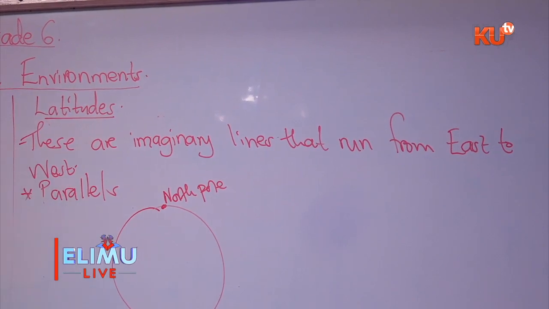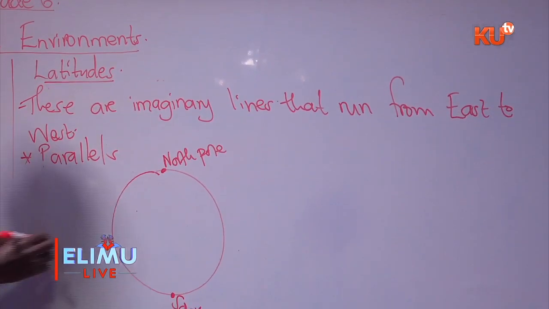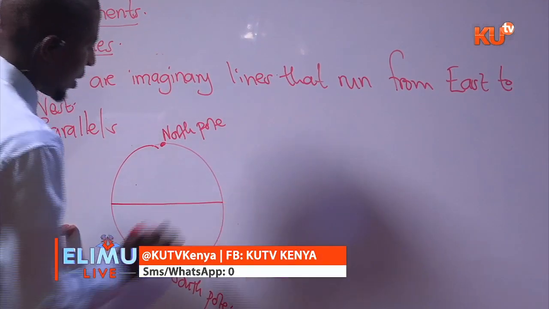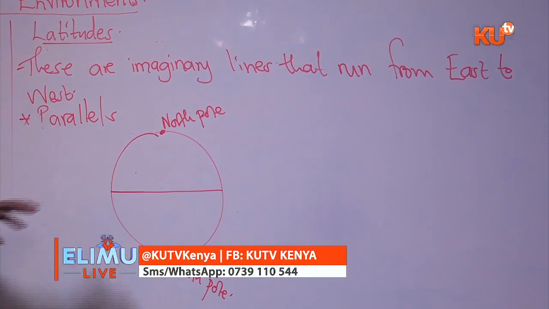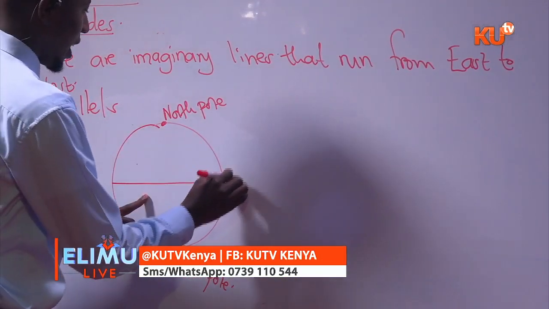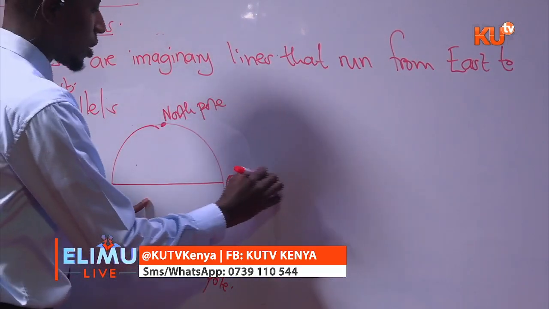Now, the latitudes run, I told you, from west to east, or from east to west. So we have the main line of latitude there, and this main line of latitude is usually at 0 degrees, and it is called the equator.